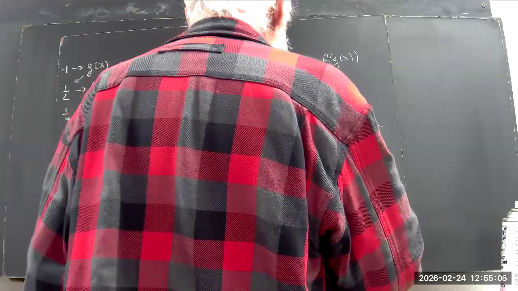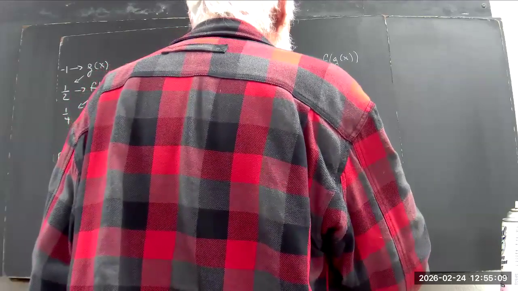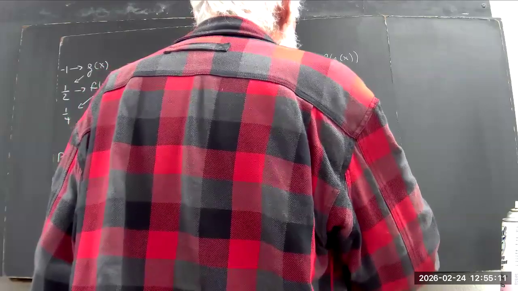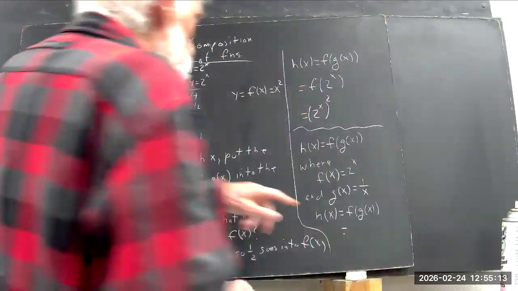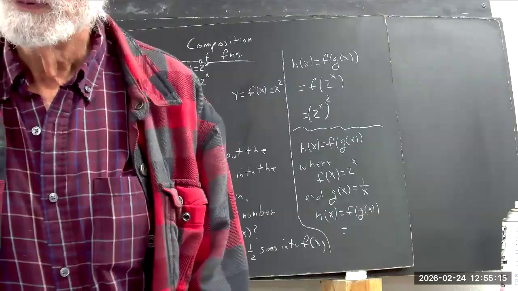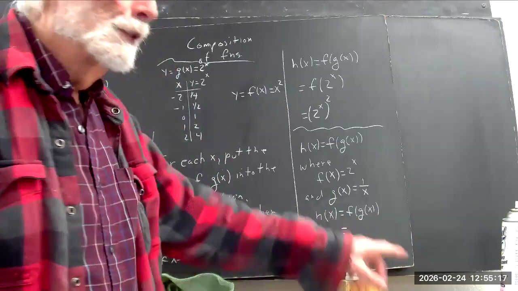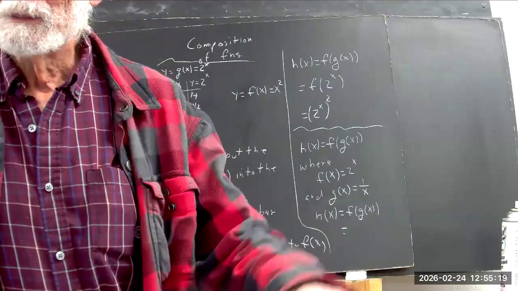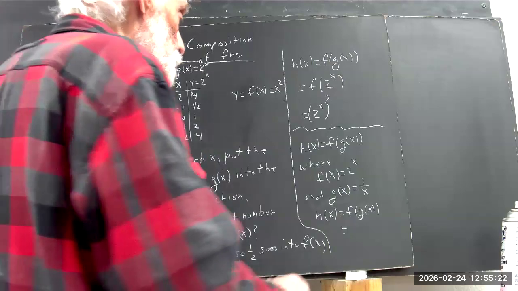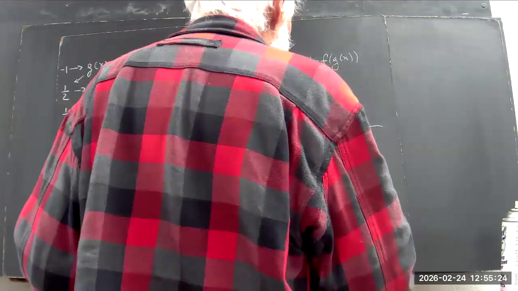Well, first of all, it's f of g of x. I'm just repeating what I said up here, so we're on perfectly solid ground writing f of g of x. Now, what are we going to do? Well, we actually have 2 alternatives.